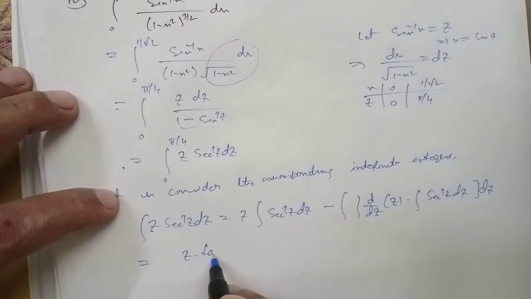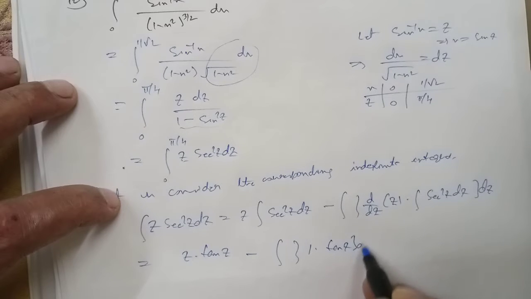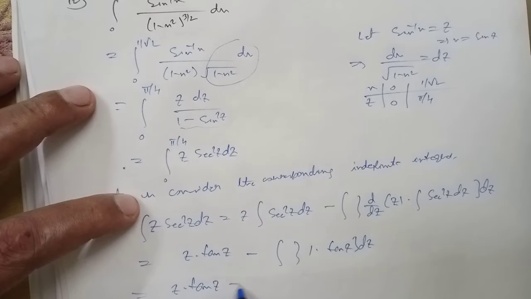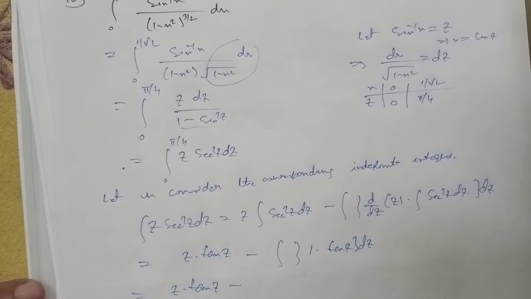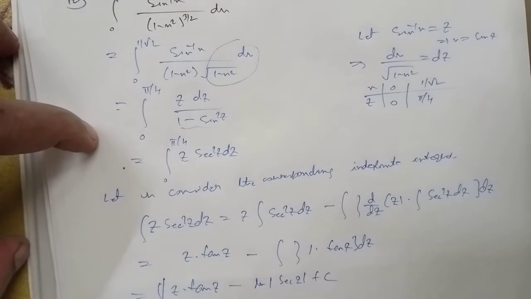This becomes z tan z because integration of sec square z is tan z, minus integration, second bracket, this is 1, this is tan z dz. Z tan z minus integral of tan z is ln of mod of sec z. Now you have to put c here.